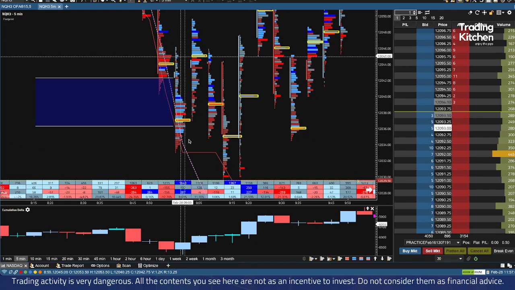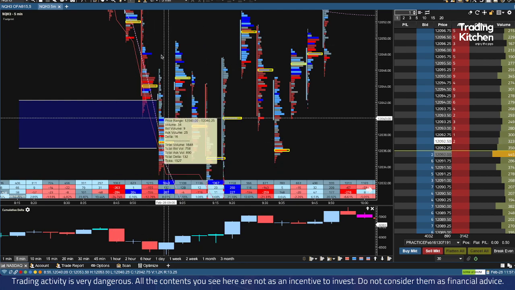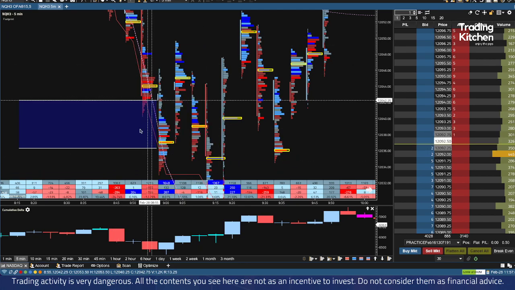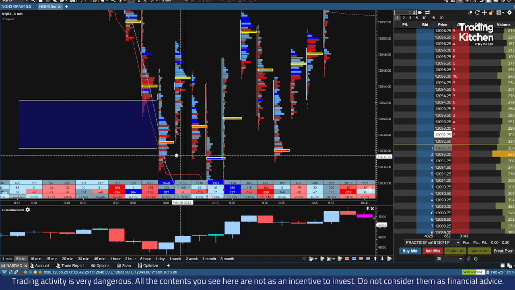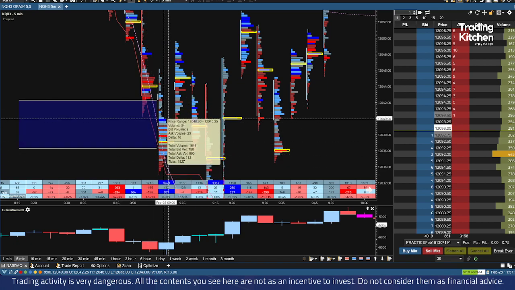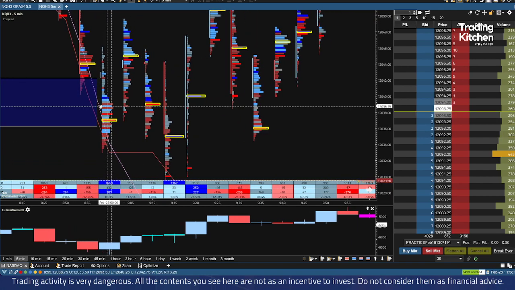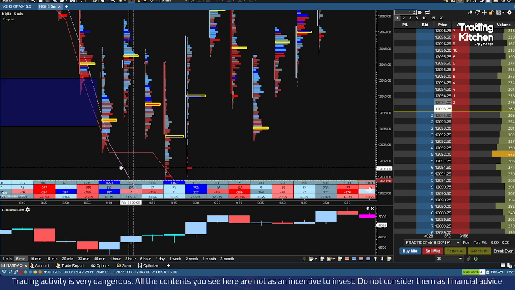So right here we have a strong bullish movement, price reacting very well. This is the body of the candle. If you don't see anything here, it means that this is a long tail, and a long tail means strong reaction.